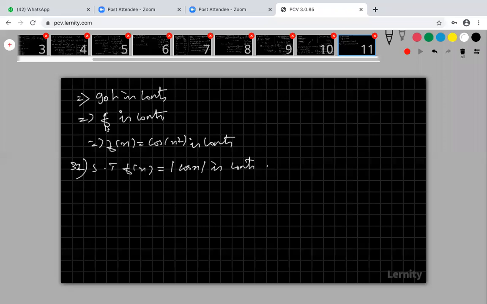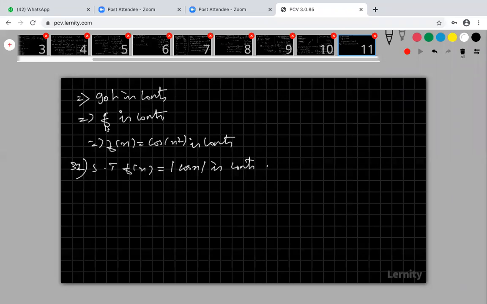Continuous at a particular point means we have to find the left hand limit, the right hand limit, and the value of the function. All three being equal means continuous at that particular point. Similarly, you have to find the continuity for every point. If the function is continuous at every point in the domain, then the function is simply said to be continuous.